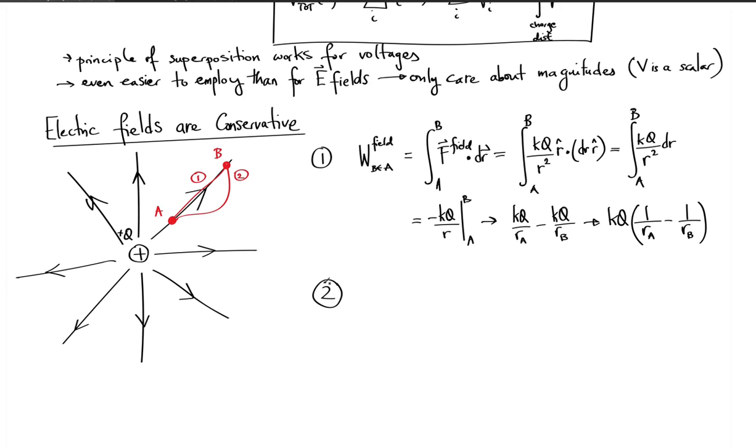So now let's take this path 2, okay? Again, I'm just going to write the work going from A to B done by the field. We're calculating exactly the same thing, so the first part that we're writing is going to be exactly the same.